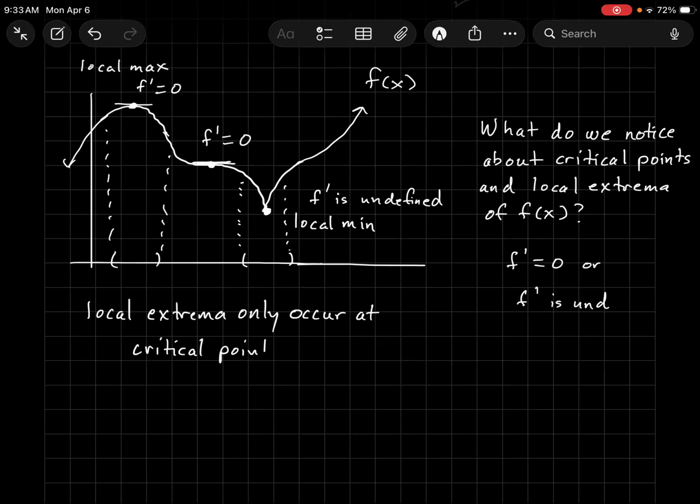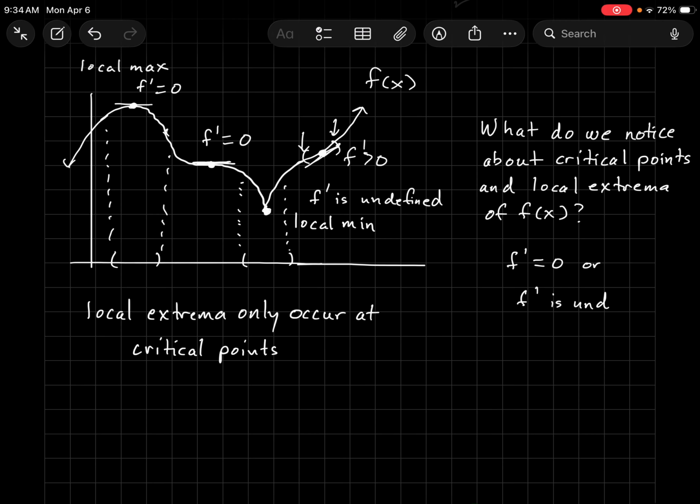Pick any other place on f. I'll just pick a random place here. That is definitely not a local extrema, because there are some values of f both higher and lower on the open interval around it. And notice that my function is increasing, or f prime is greater than 0. And I could do that anywhere that I wanted to.